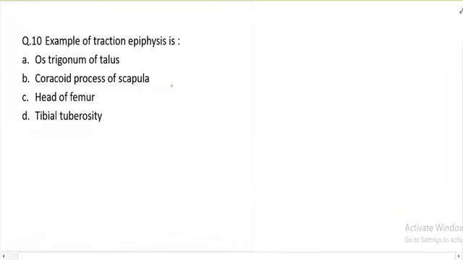Next question. Example of traction epiphysis. Now we see all the choices. First is os trigonum. We know that os trigonum is atavistic. Again, coracoid process is atavistic.